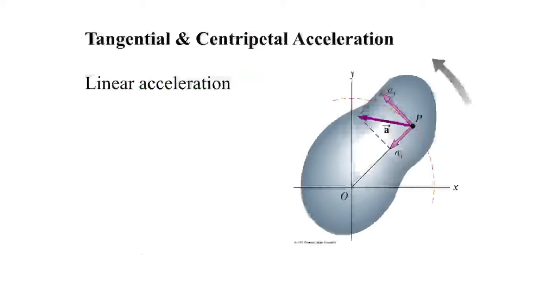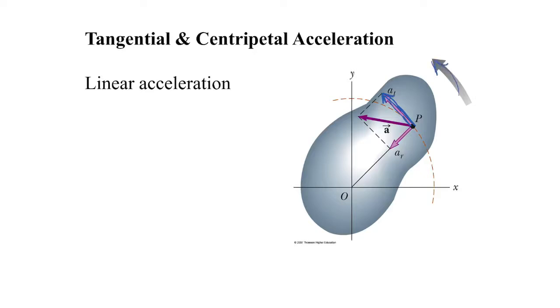When we went over centripetal motion, we were assuming that the thing going in a circle was going at a constant speed, right? That it wasn't speeding up or slowing down. But now, if something is speeding up or slowing down, then it has a tangential acceleration, in this direction.